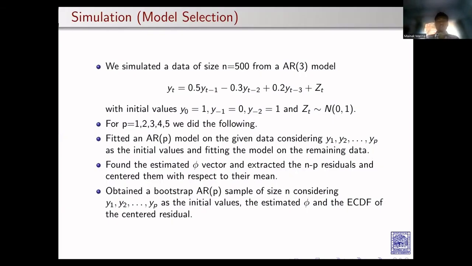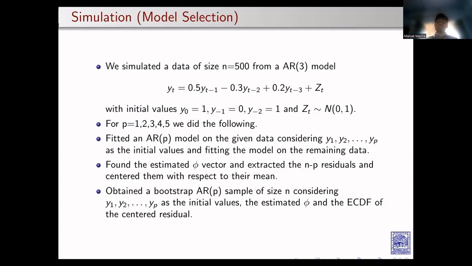Hi, I am Moina. So we have seen that in the model selection process, if we directly use the residual bootstrap, I mean, suppose I have n data points, and we take n residual bootstrap samples and fit the data, then the model selection is not consistent.